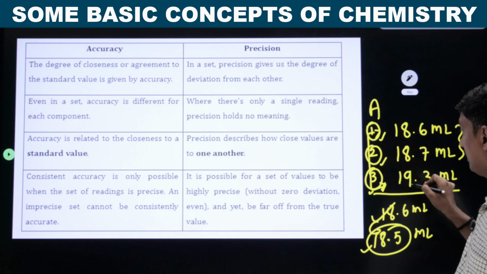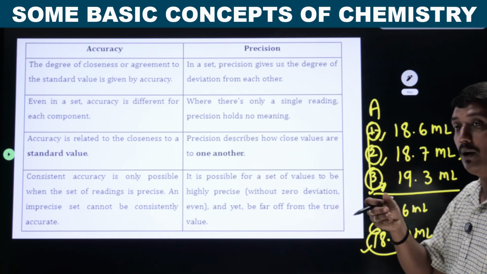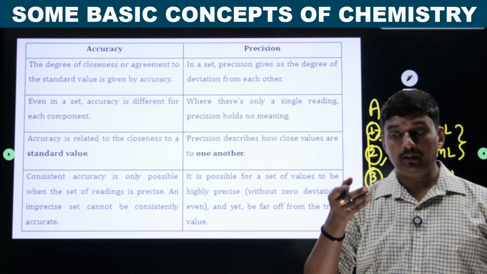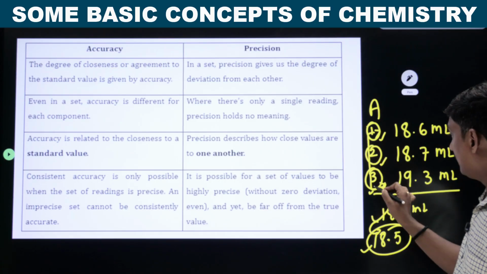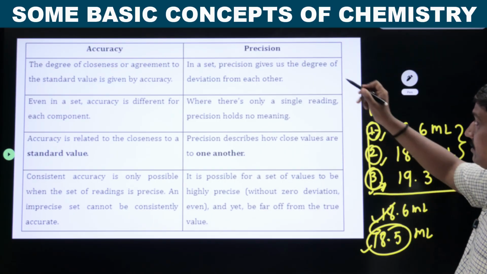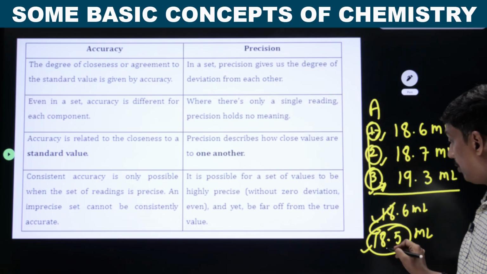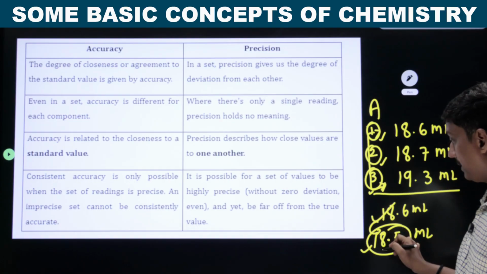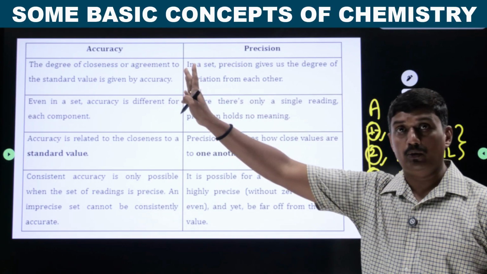One is 18.6, another is 19.3. It is not appropriate; they are not matching together. Even the second and third are not. So the first and second are considered to be precision values. 18.5 is the expected value, and it is considered to be accurate.